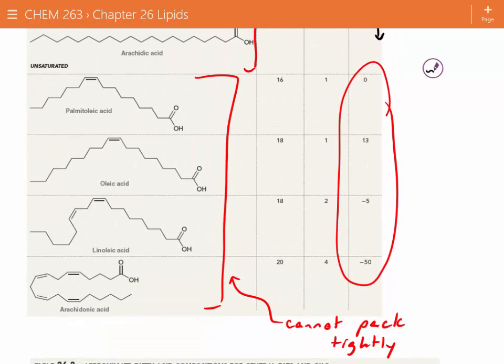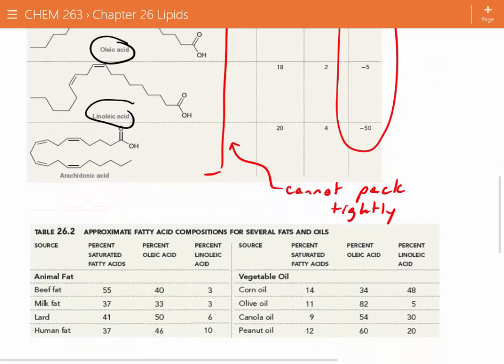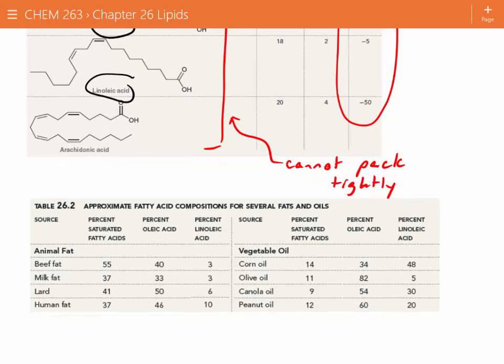So oleic right here is an unsaturated fat, and linoleic is another one. So if we look at beef fat, it's got 55% saturated fatty acids. The rest is unsaturated fatty acids. You can see milk fat, lard, and human fat, kind of the same compositions. These are the solid fats that we encounter on a day-to-day basis.